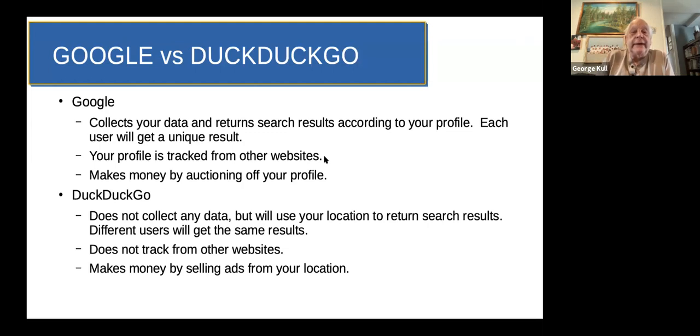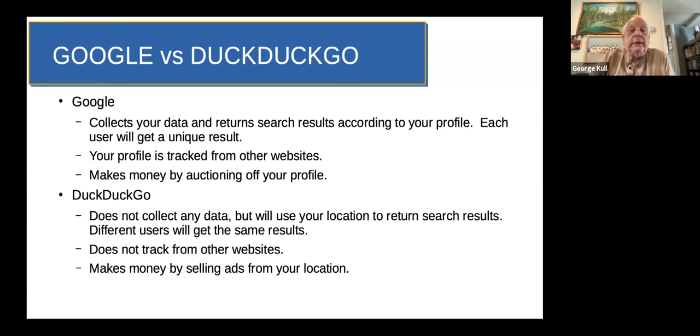What happens is the websites will put in third-party cookies, which will allow Google to access your data and see where you're going and what you're doing on the different websites.